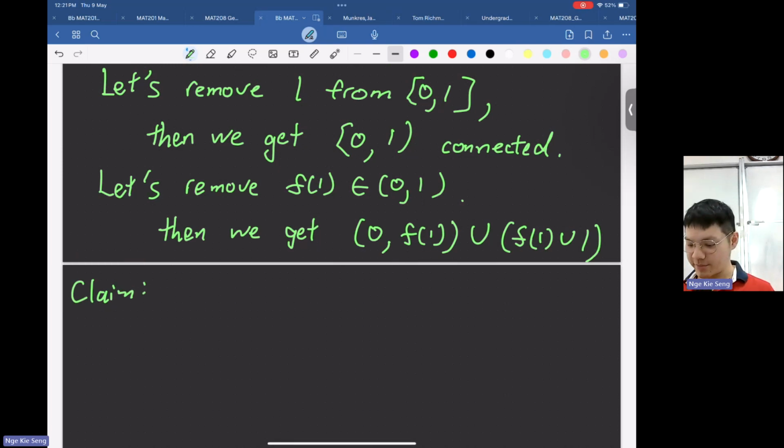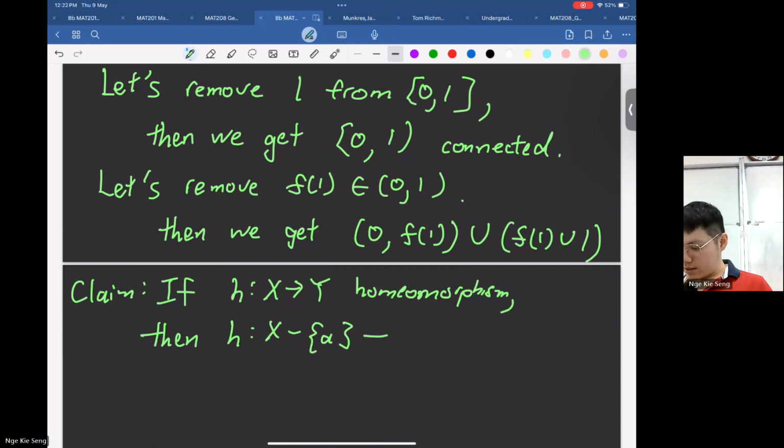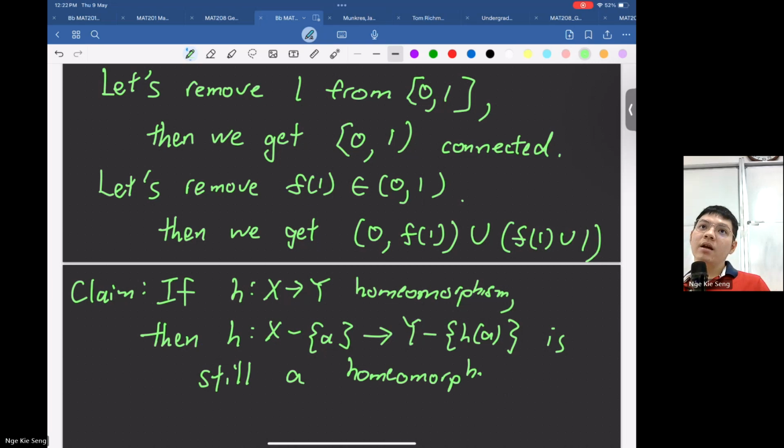So if H is a homeomorphism, then H acting on X removing 1 point and Y removing 1 point is still a homeomorphism. Then here we will get a contradiction. Why? Because the continuous image of a connected set should be connected. Okay, so you need to prove this claim first.